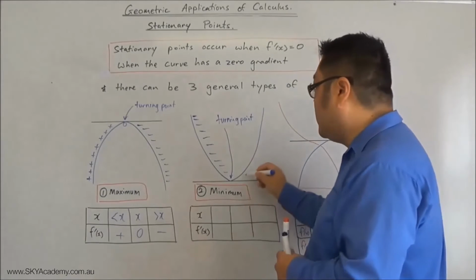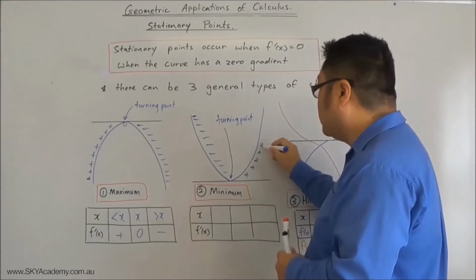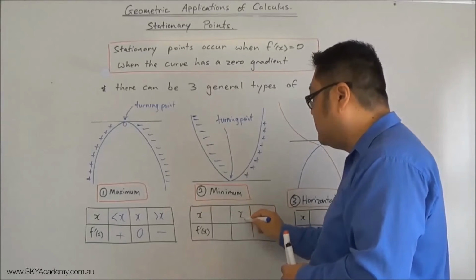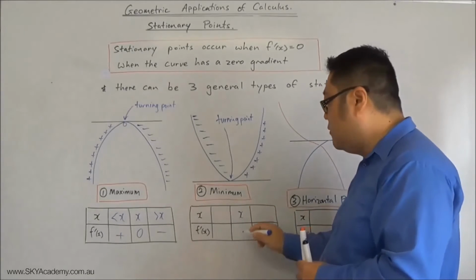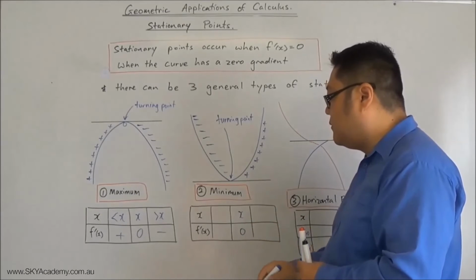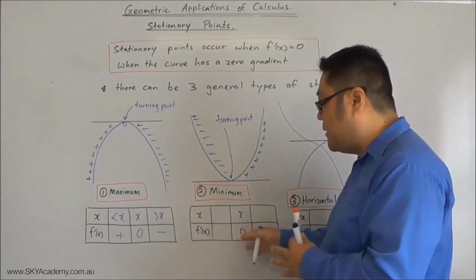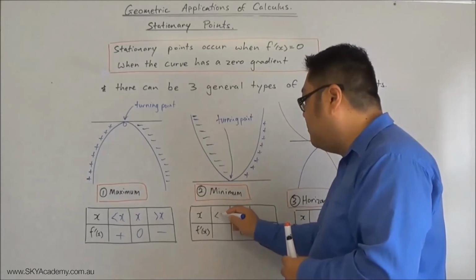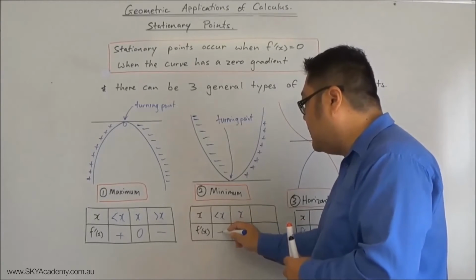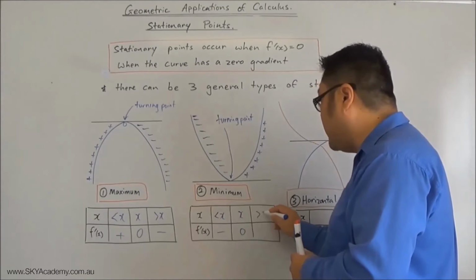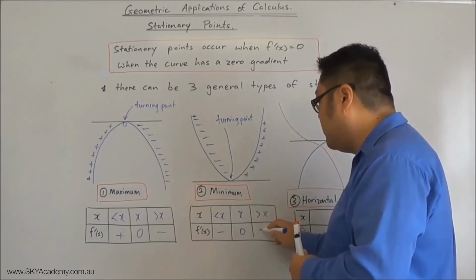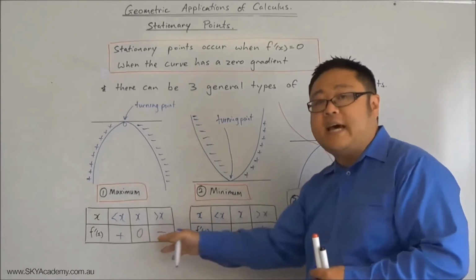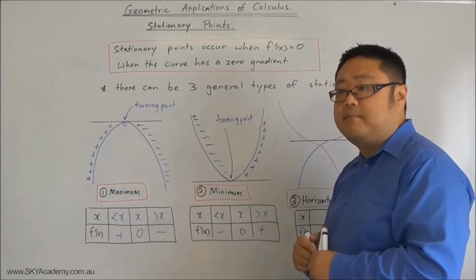Then it starts going in a positive direction. So at x, the first derivative will be zero, before x it will be negative, and after x it will be positive. The exact opposite to a maximum.